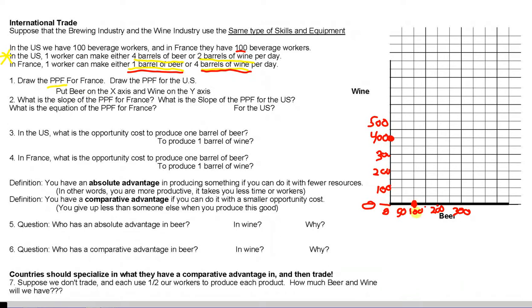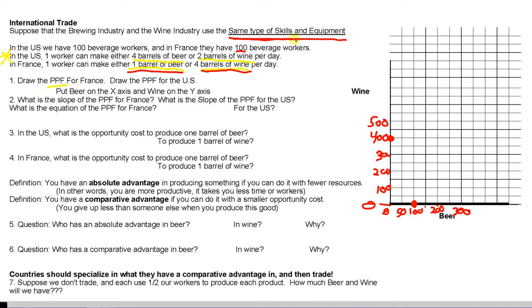Now, in order to make a production possibilities frontier here, we're assuming that these are the same skills, same kind of equipment used to make beer and wine. I know they're slightly different. And what we're assuming here is that each worker we can transfer between these two industries and have the same kind of trade-off, a constant slope on this production possibilities frontier.